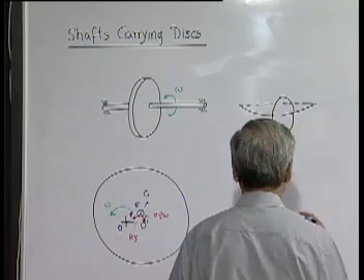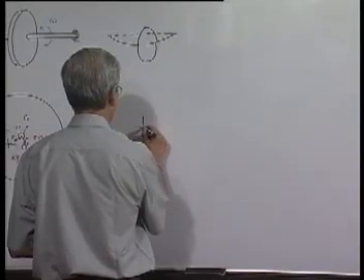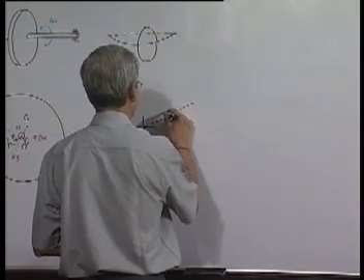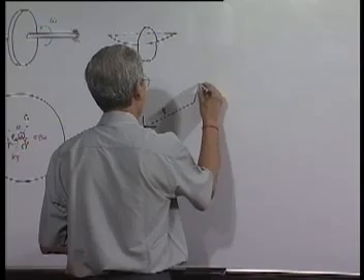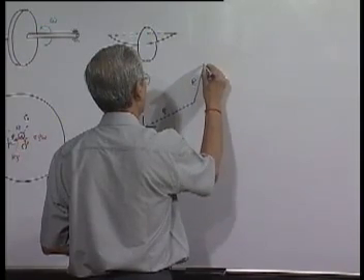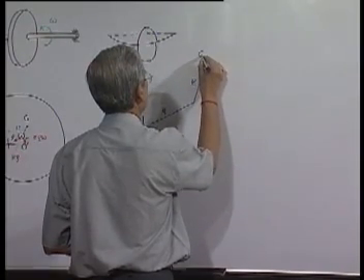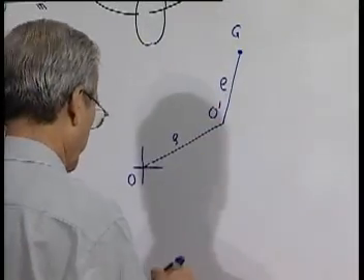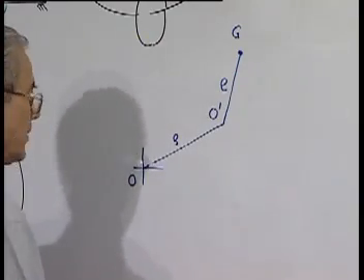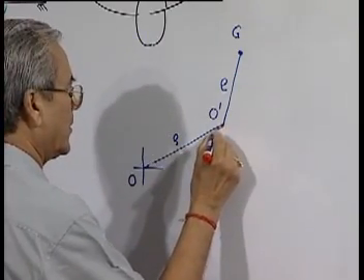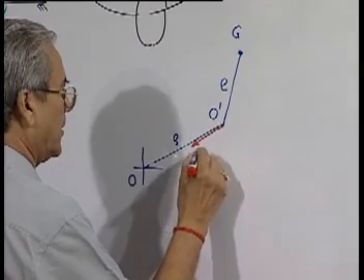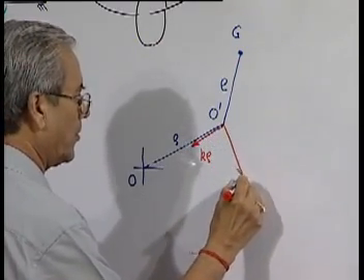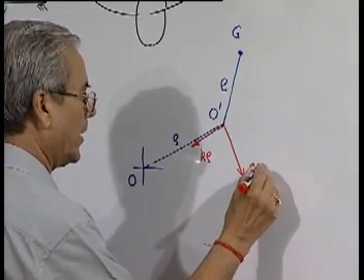So, enlarging this figure, this is O, this is rho, this is E, this is G, and this point is O prime. The forces are K rho and C omega.